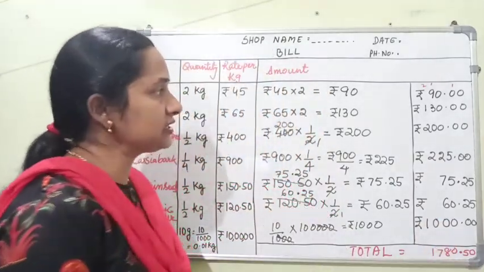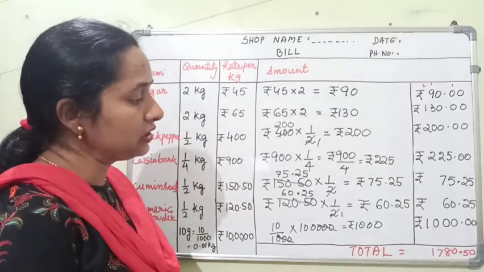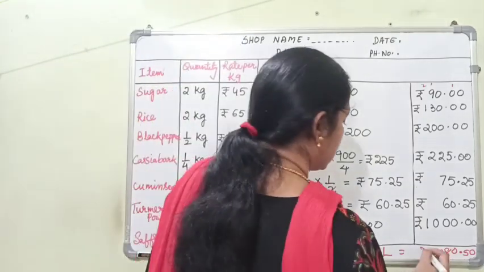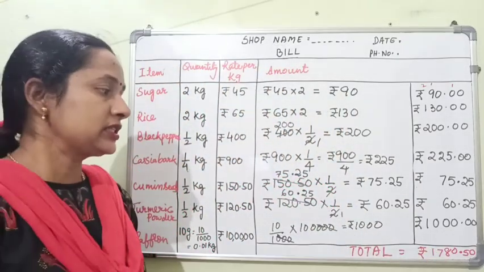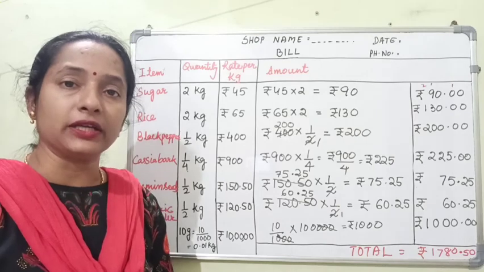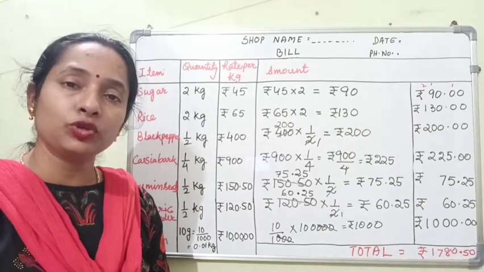So how much is this amount equal to? This amount which Mrs. Ghosh needs to pay is rupees 1780 rupees 50 paise.